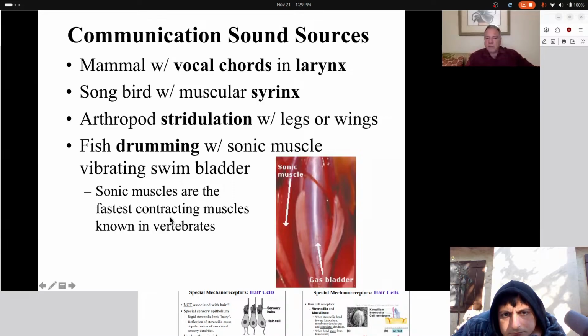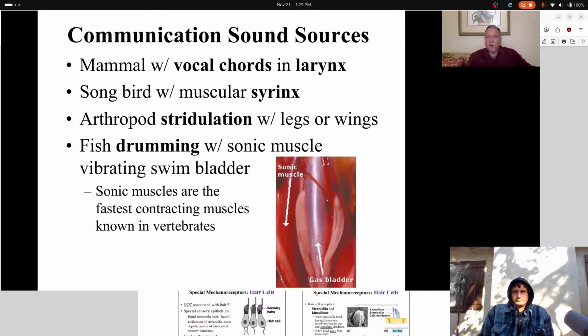Their sonic muscles, some of the fastest contracting muscles known in vertebrates, can vibrate this thing and create sounds. So you have fish called croakers and grunts that are making these loud sounds underwater. And sound travels through water, a dense medium, much farther than it does through air.